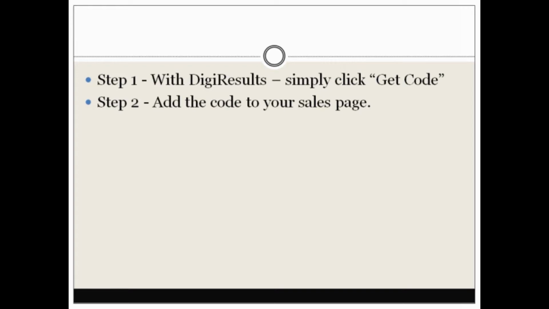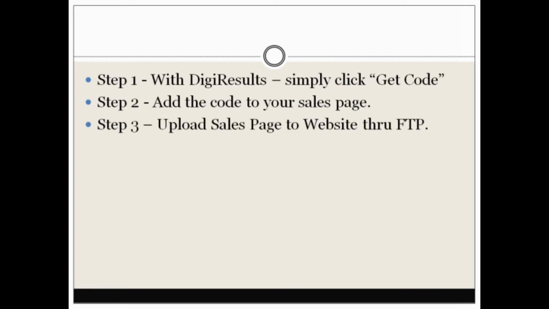Depending whether you have a button or a link, or you want to use DigiResults button or you want to use your own button, you can do that. I'll show you different routes. And of course, last but not least, step 3, we're going to upload the sales page to your website through FTP. And then we're going to get everything ready and we're going to publish it on DigiResults to make sure that everything is up and running. So let's go ahead and do that.